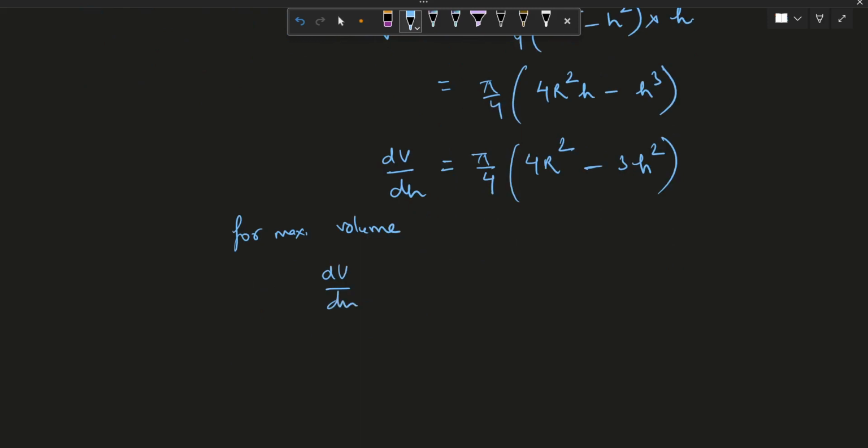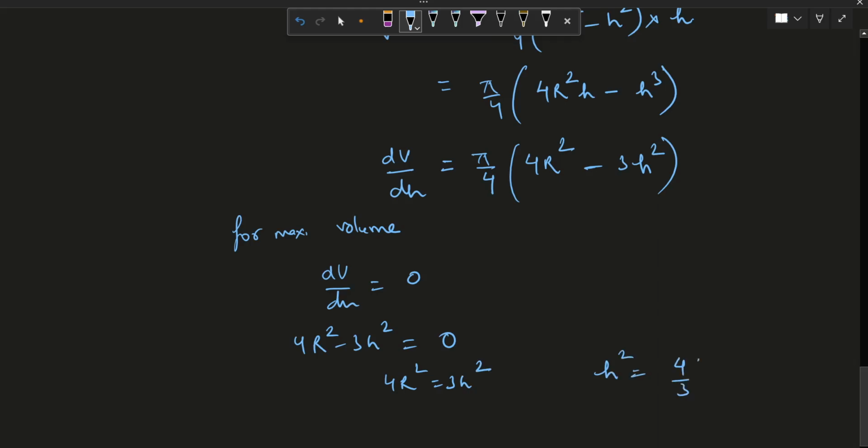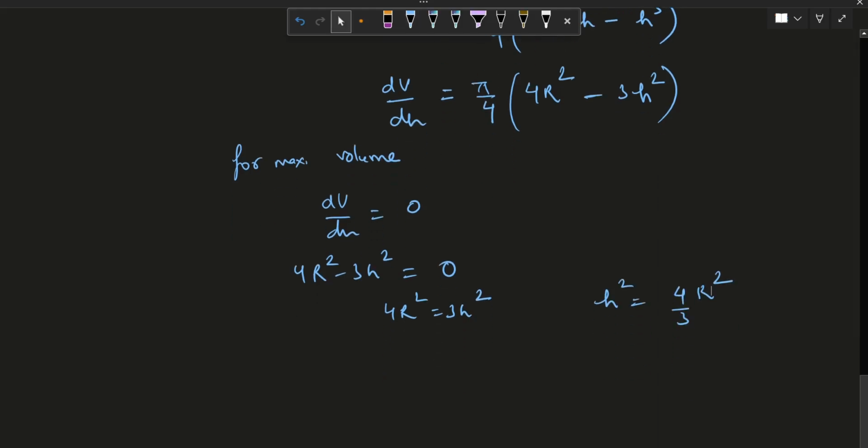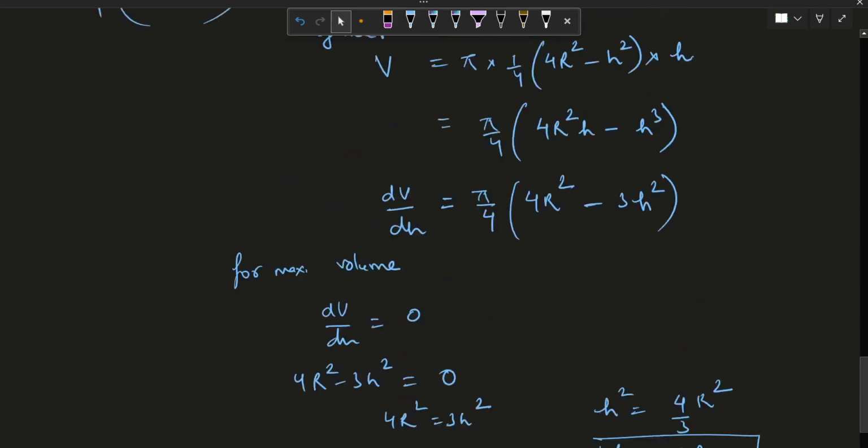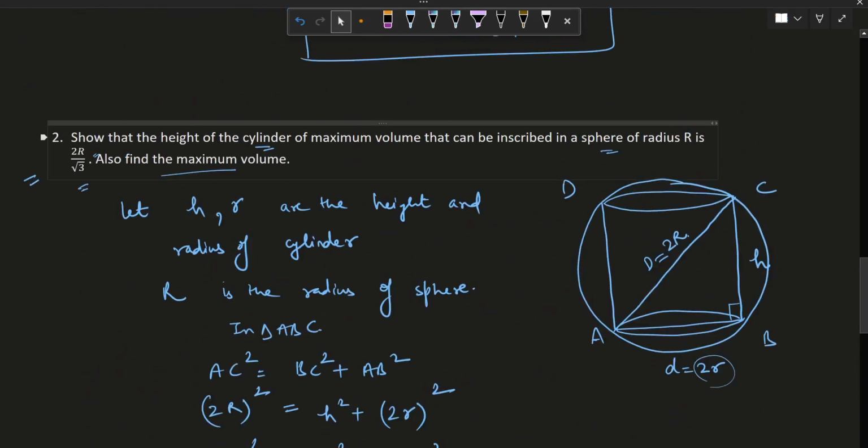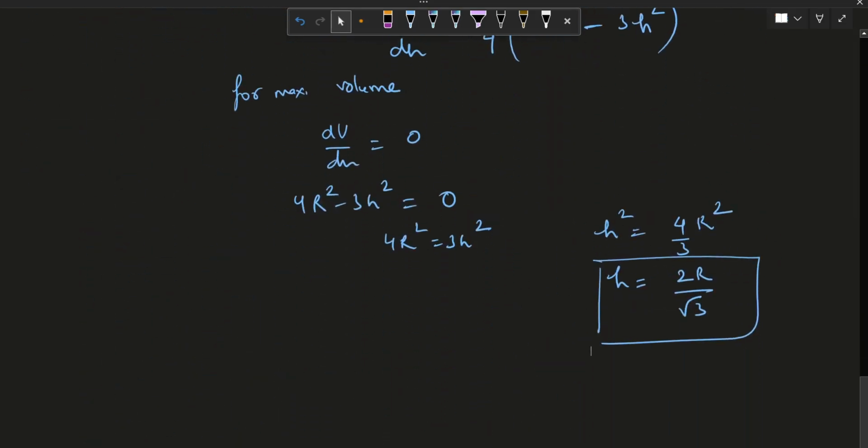So dV by dh should be equal to 0. So 4R square minus 3h square is 0. From here you are getting 4R square is equal to 3h square, and h square is equal to 4 by 3 R square, which means h is equal to 2R by root 3. Yes, this we got.